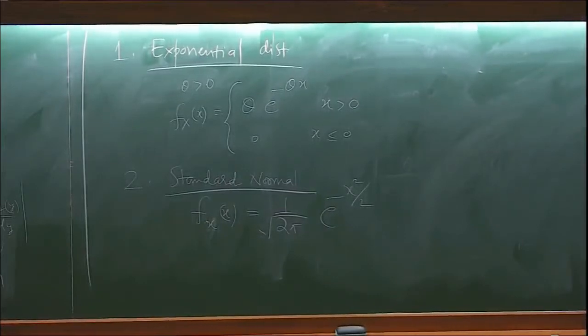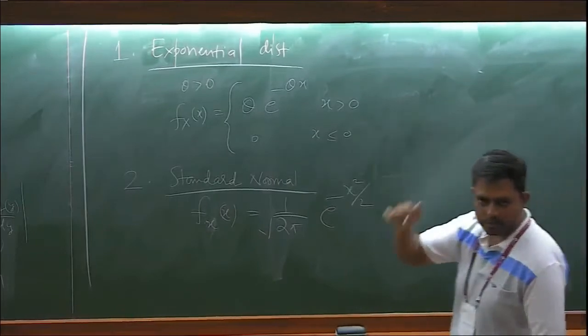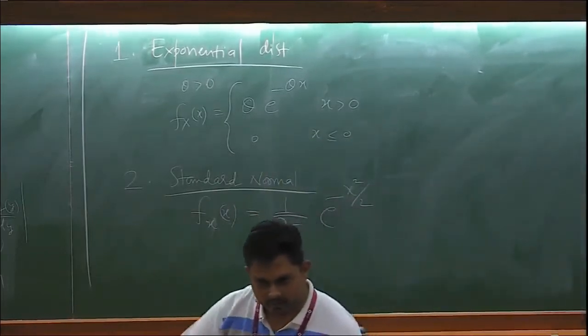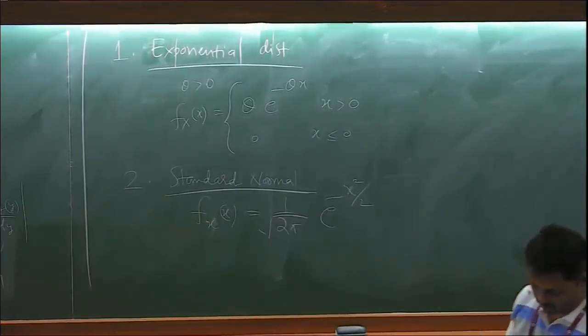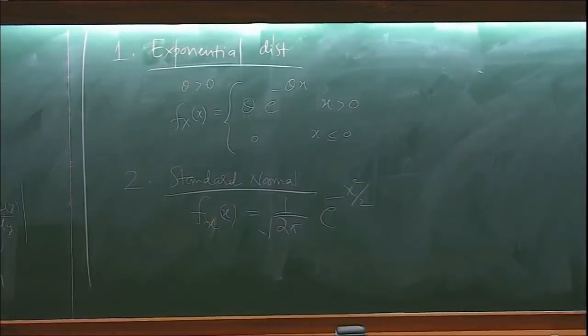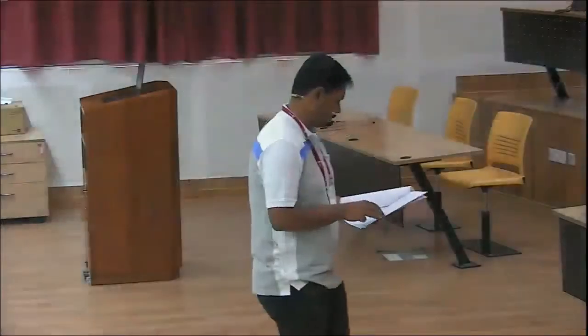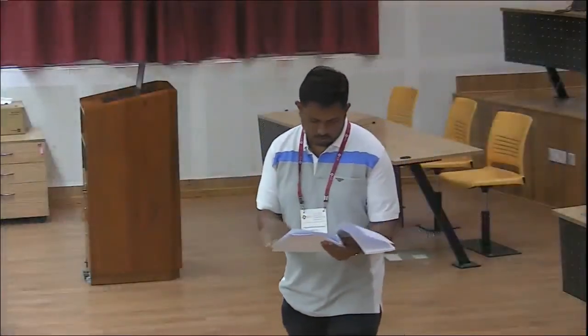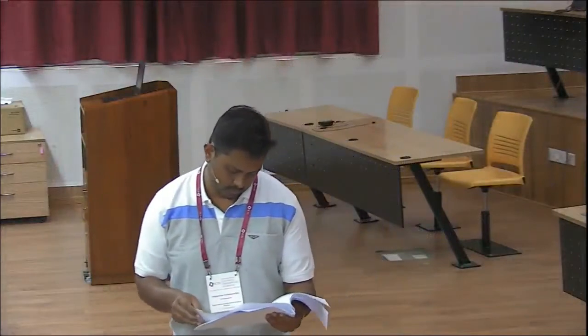This itself is an example of a case where it's non-monotonic, right? There are two parts to it. One is monotone increasing, the other is monotone decreasing. So you can take the two parts separately and work out this transformation. All right, so that was about distributions. This is essentially what it was.